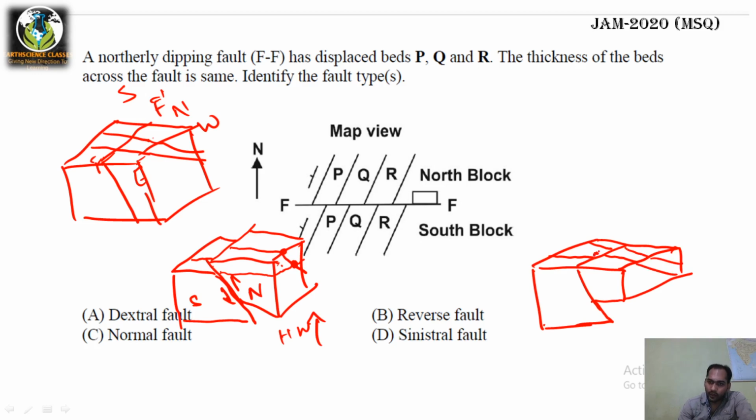So you are getting this displacement, and the displacement is in the direction of west, which is the dip direction of the bed. The fault is dipping north, the bed is dipping west. So it is reverse and sinistral.